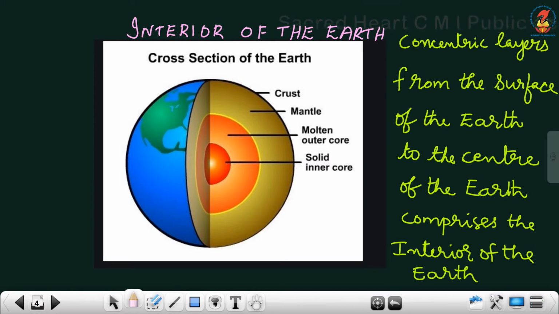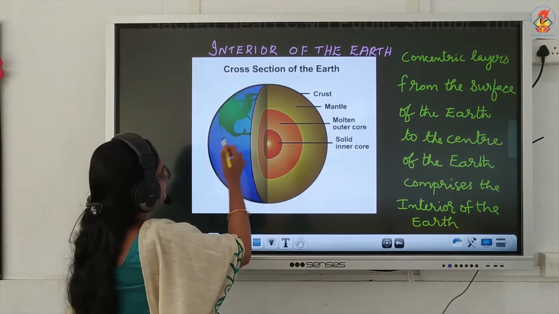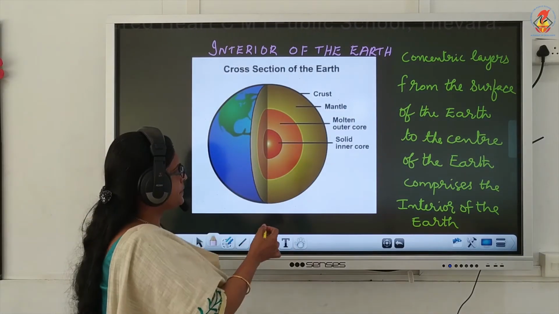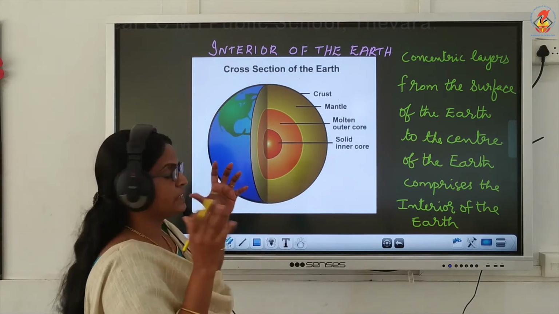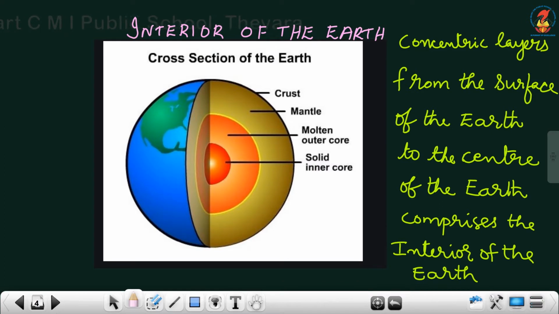Now we will study the interior of the Earth with the help of a diagram. You can see the diagram over here. What is the interior of the Earth? It is the concentric layers from the surface of the Earth to the center of the Earth.